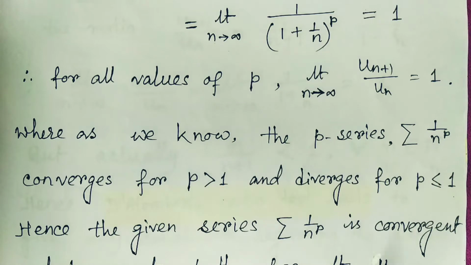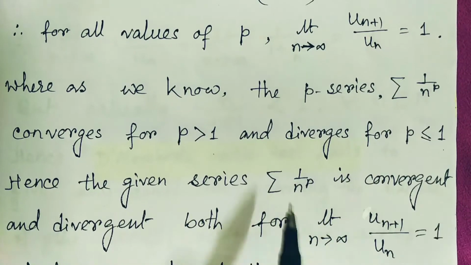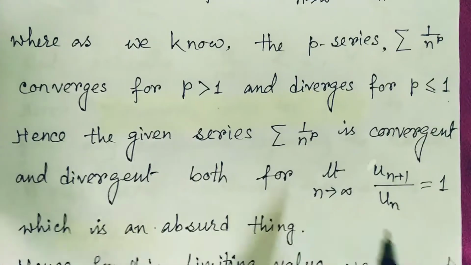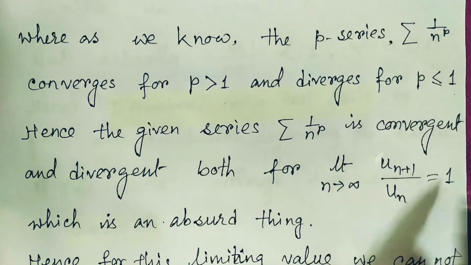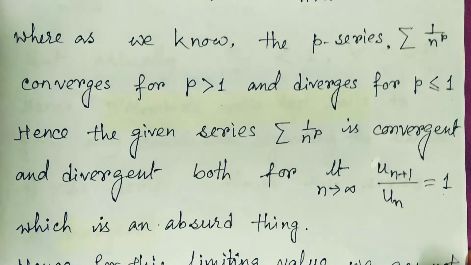Hence, the given series is both convergent and divergent when this limiting value is 1, which is an absurd thing. Hence, for the limiting value 1, we cannot analyze a series properly, so the test fails.